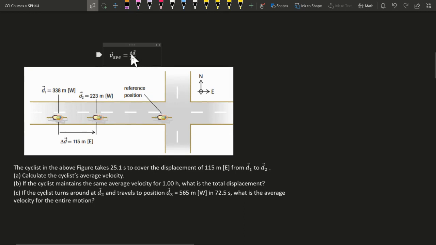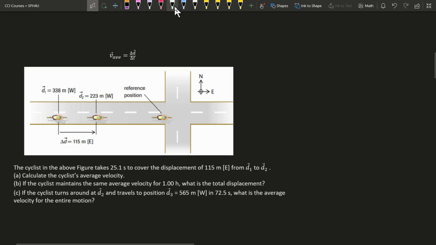So remember, displacement is how far you move from your starting position to your ending position. And those two positions are marked by certain times, time initial and time final.